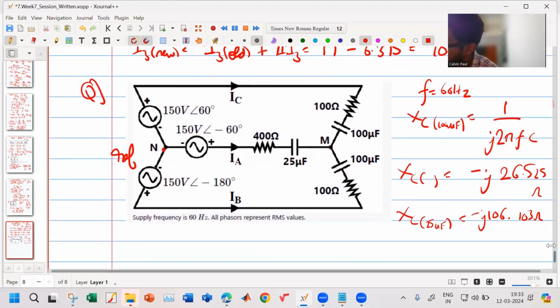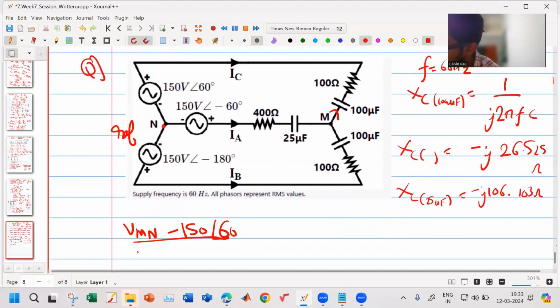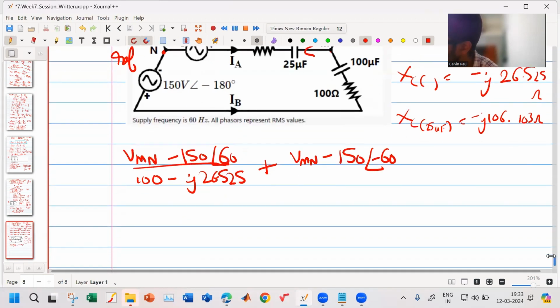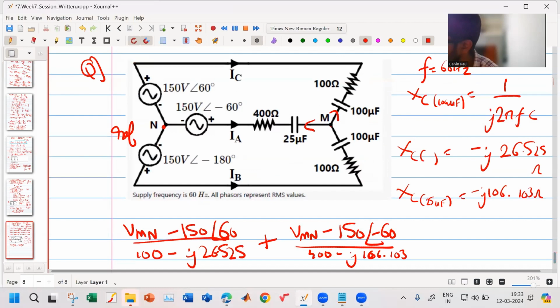So you have your VMN minus 150 angle 60. I'm considering the current going out. So that will be divided by 100 minus j 26.525. Plus, I consider this current: VMN minus 150 angle minus 60 divided by 400 minus j 106.103.